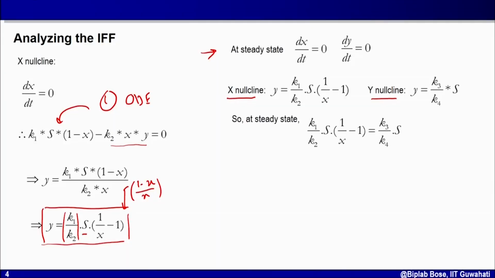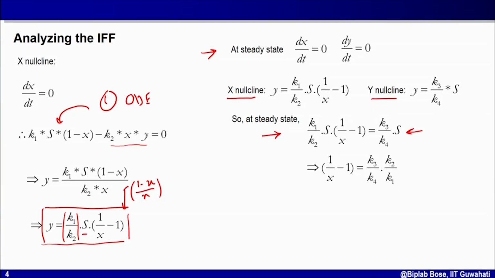So I can write k1 by k2 into s into 1 by x minus 1 is equal to k3 by k4 into s. This is coming from because x and y null-clines are intersecting, so I am putting the y value for both of them. So now I can algebraically separate out x.